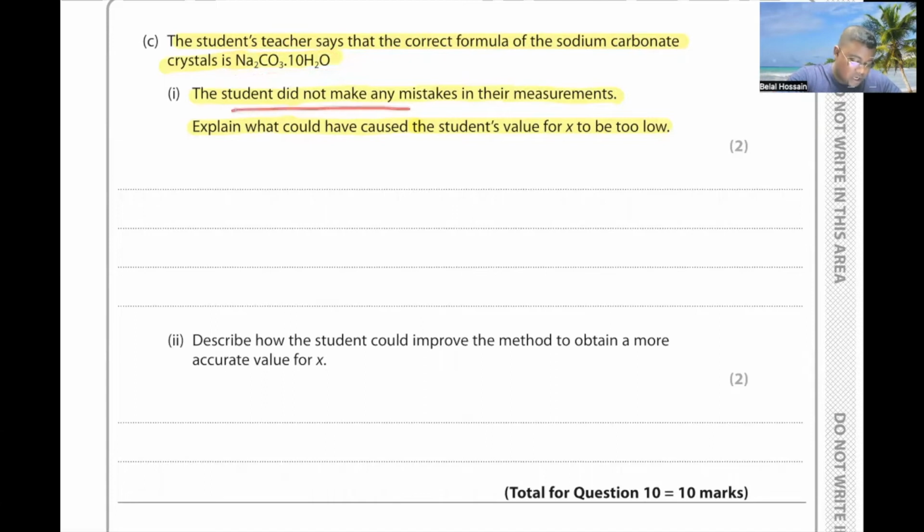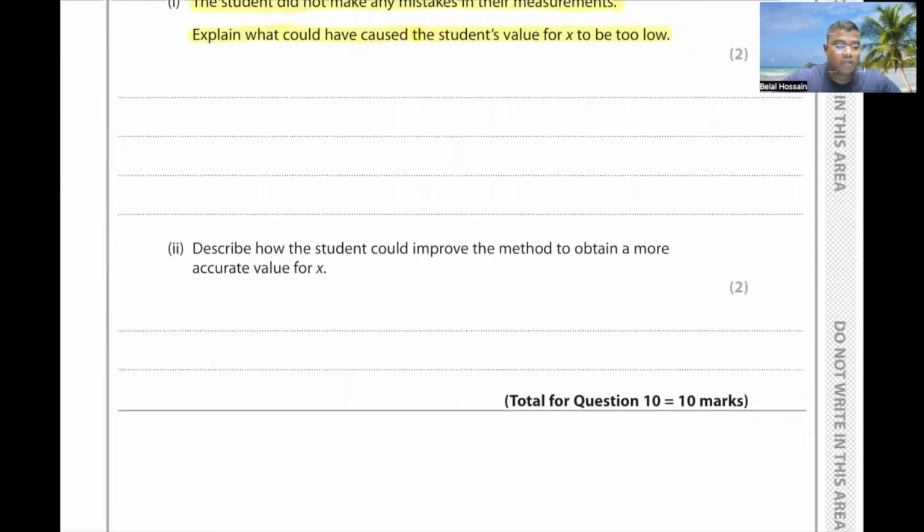Now, the student did not make any mistake in their measurements, so there is no experimental error in terms of measuring the mass of the crucible and all of those. So maybe not all of the water was able to evaporate. So the crystals were not heated for long enough, and all of the water was not evaporated.